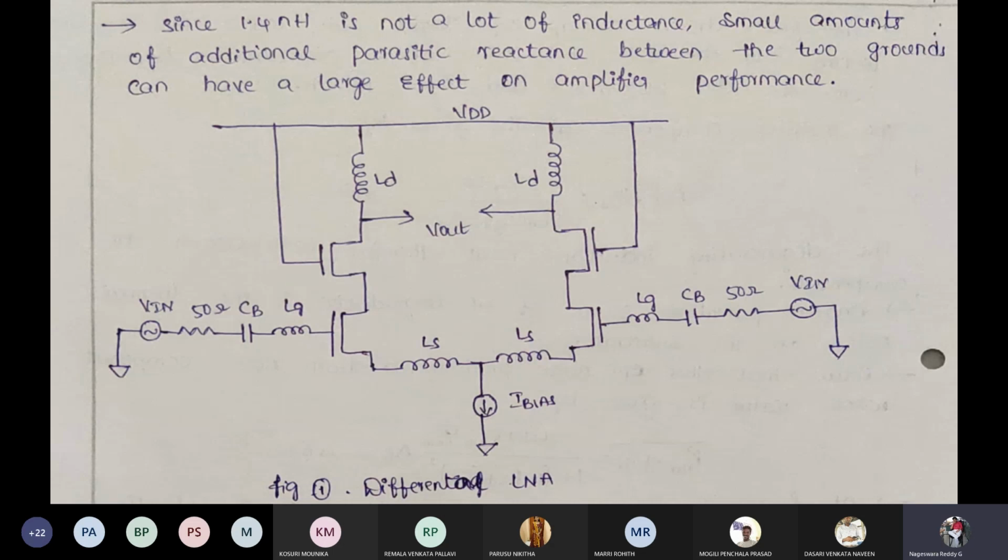In the figure of the differential low noise amplifier, you can observe there are 3 grounds: at the input side, the output side, and the current bias.